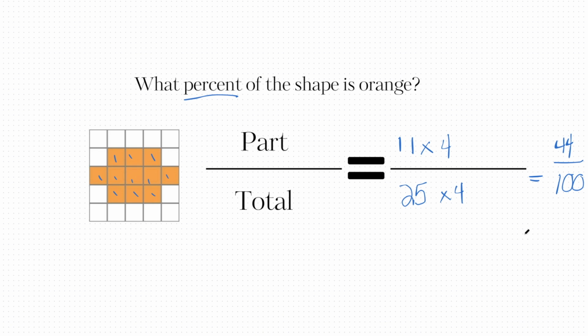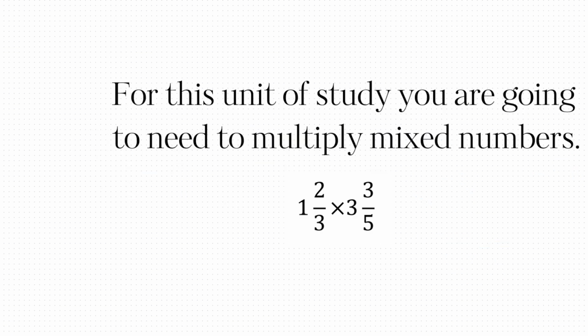So our answer is 44 per 100, which is really 44%. Even though the denominator wasn't 100, we changed it so that the new fraction was out of 100, and that's how we got our 44%.